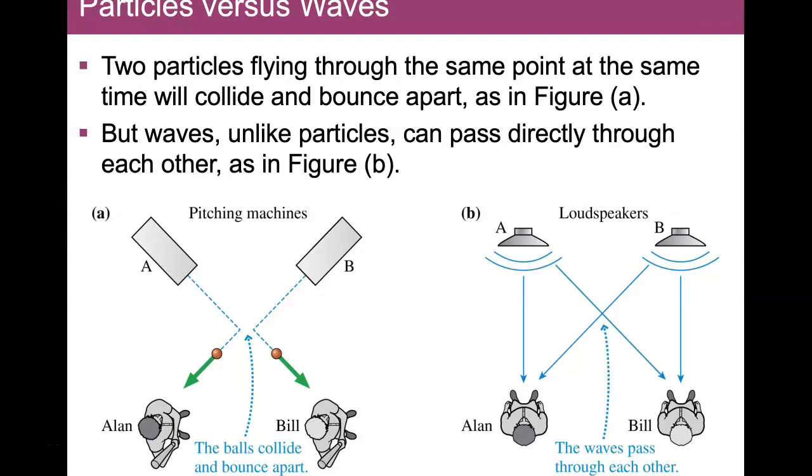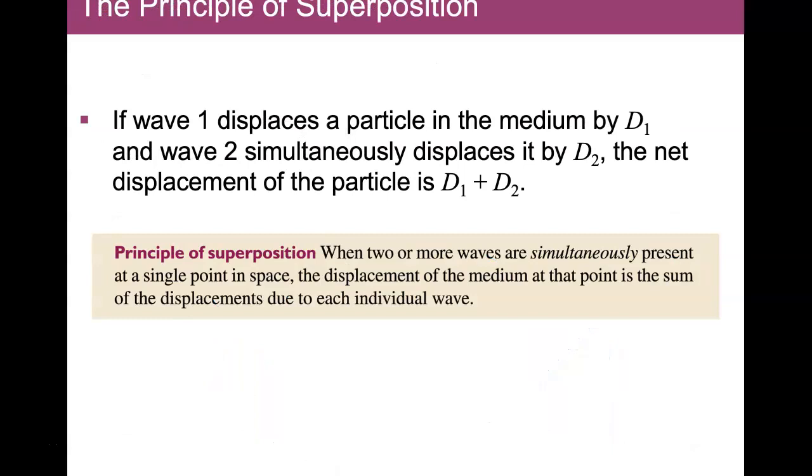A consequence of that is the principle of superposition: suppose wave 1 displaces a particle in the medium by d1, and wave 2 simultaneously displaces it by d2. The net displacement of the particle is d1 plus d2. That's a key concept of this chapter, and most of what we will be doing is to explore the consequences of this simple principle.